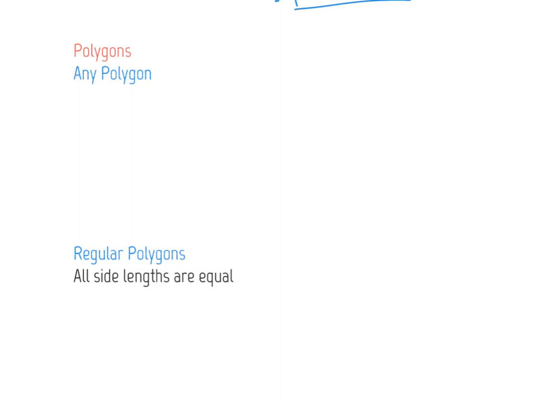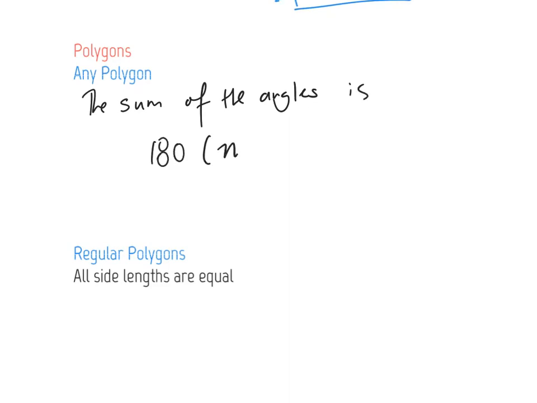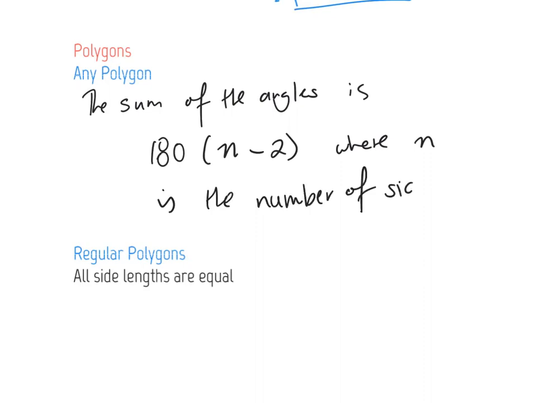The rule for any polygon says that the sum of the angles is 180 times, in brackets, n minus 2, where n is the number of sides. This rule applies to any polygon.